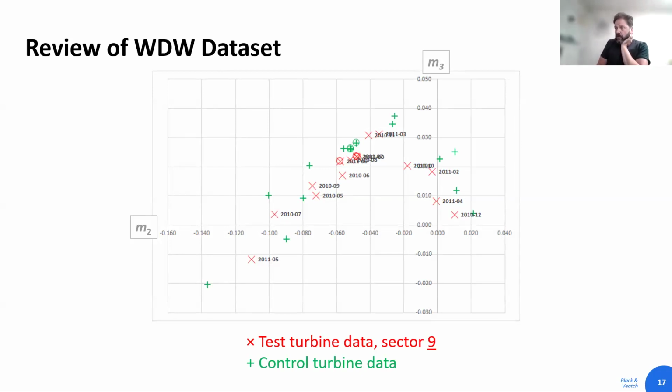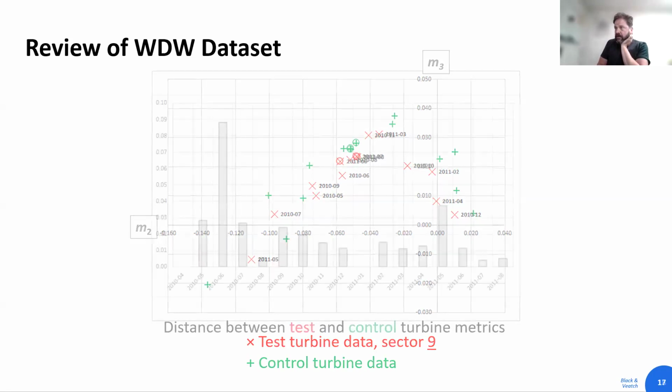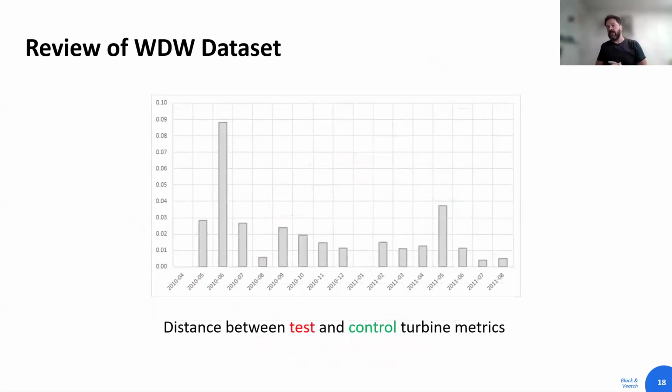So what I did was I said, well, what's the distance between the test and the control turbine metrics? How does that vary with time? Essentially, how like the control turbine performance is the test turbine performance? And using as a measure of that the distance between the points representing the performance of each of those turbines on that metric plot.